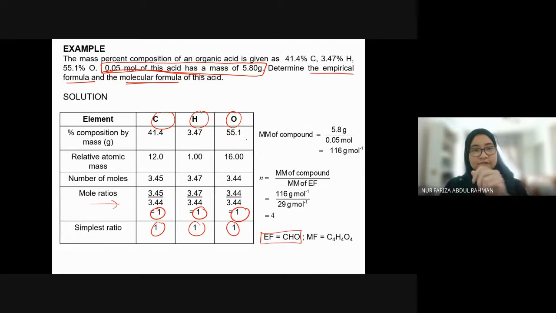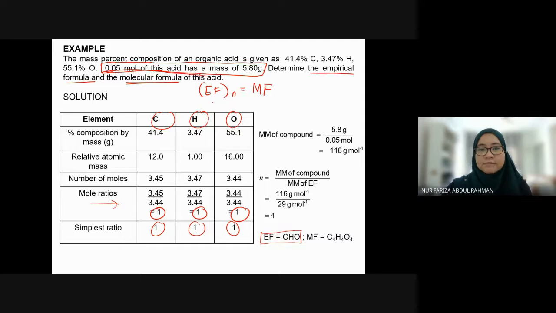Next question is for the molecular formula. The formula to find the molecular formula is: we have the empirical formula in brackets, and then N, is equal to the molecular formula.